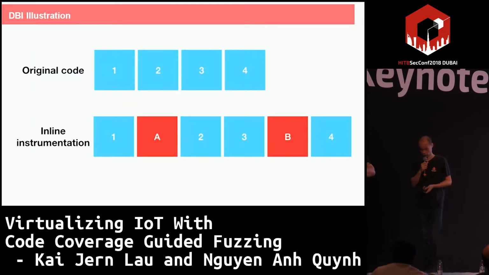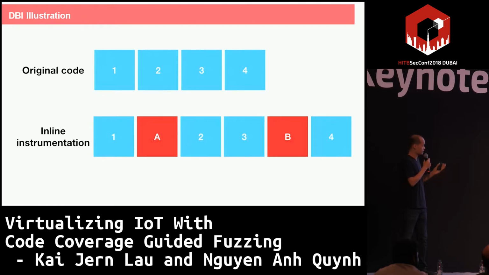Here's a very simple illustration of DBI. We have the original code, which has 4 blocks: 1, 2, 3, 4. Now we want to instrument after block 1 and block 3. To do that, we inject our own code, blocks A and B, after 1 and 3.